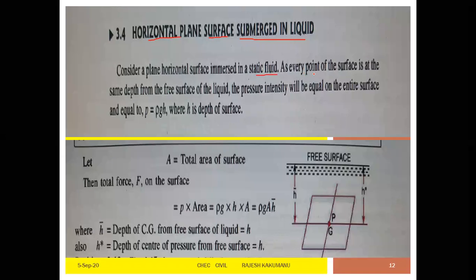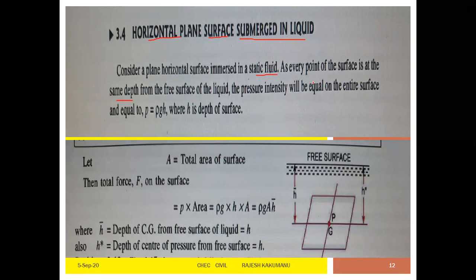As every point of the surface is at the same depth from the free surface, the pressure intensity will be equal on the entire surface and equal to P equals rho into g into h, where h is the depth of the surface.